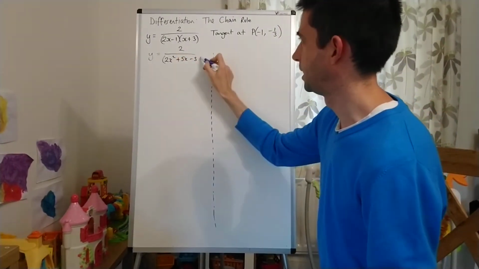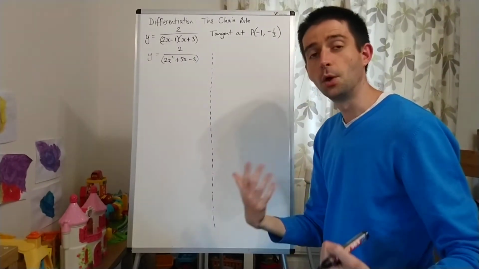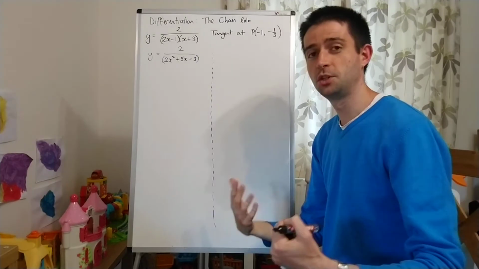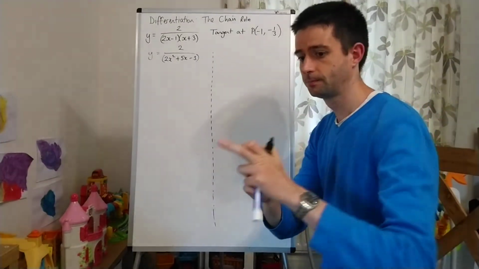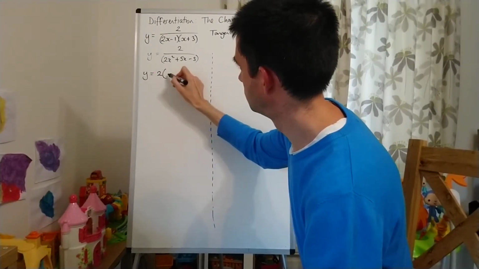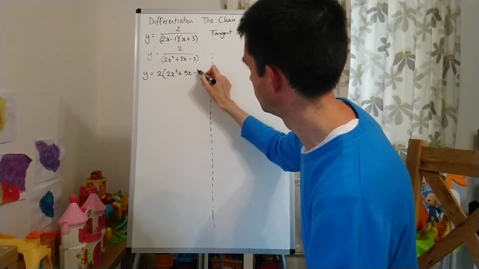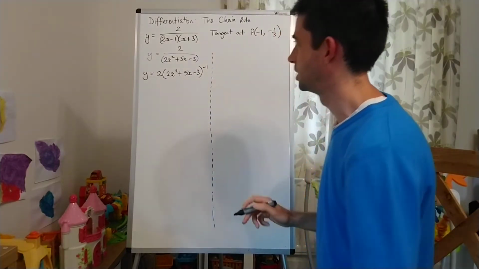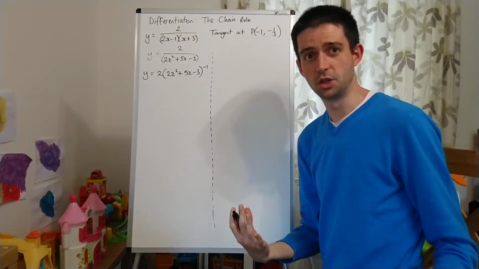I'm putting a bracket around that because it shows it's one function, and to use the chain rule you have to have function power. So y equals 2 times (2x squared plus 5x minus 3) to the power of -1. Now I've got it in the form where I can use the chain rule.